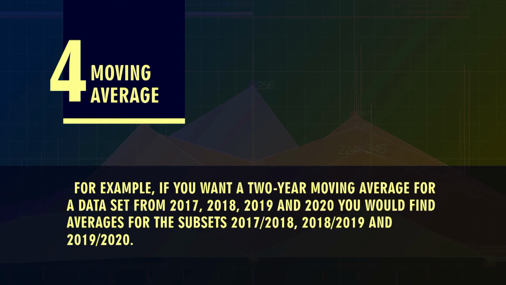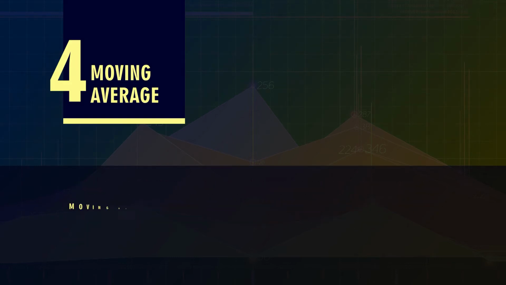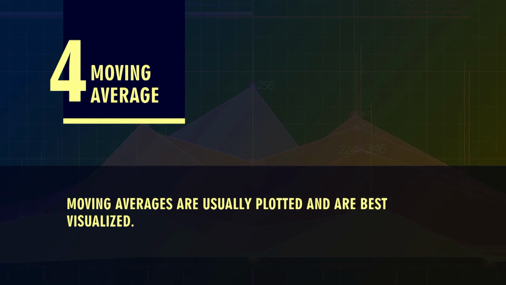So what you have done is bifurcate these 4 years into 3 subsets: a combination of 17 and 18, a combination of 18 and 19, and a combination of 19 and 20. Moving averages are usually plotted and are best visualized. This is one of the best ways of measuring trends and analysis.